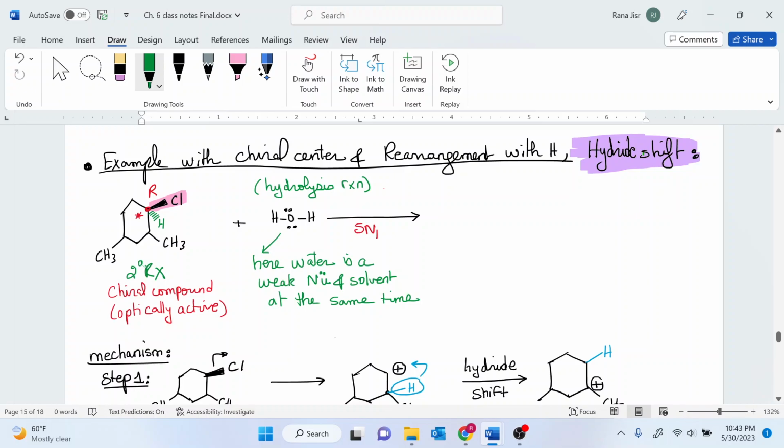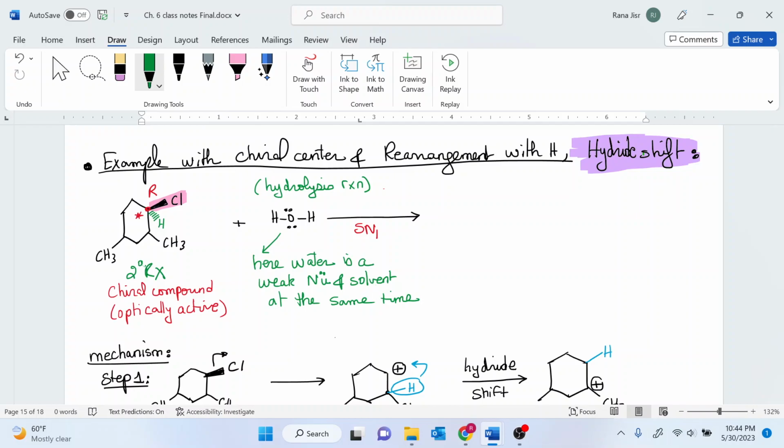Or if I want, I can go ahead and put a polar protic solvent. But if I put a polar protic solvent in here, always the first reagent that I use is going to be the nucleophile. The second one is going to be the solvent. But as I said, with SN1 reactions, because we are working with neutral nucleophiles, those neutral nucleophiles act both as a nucleophile and as a solvent.